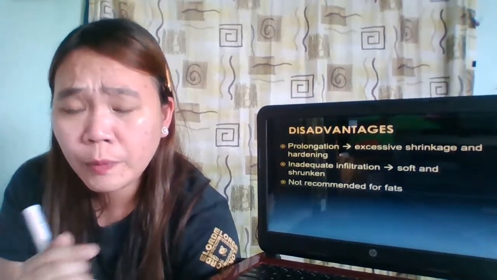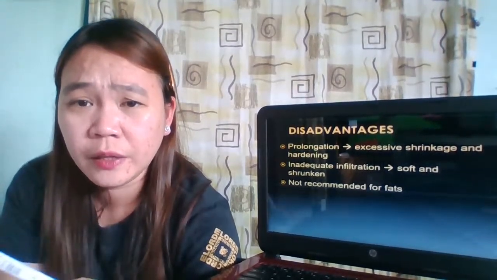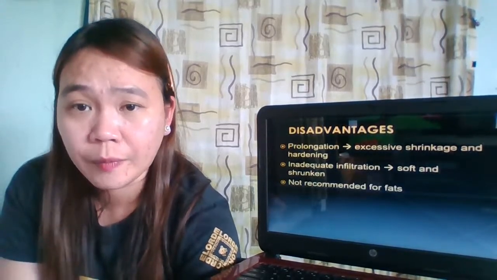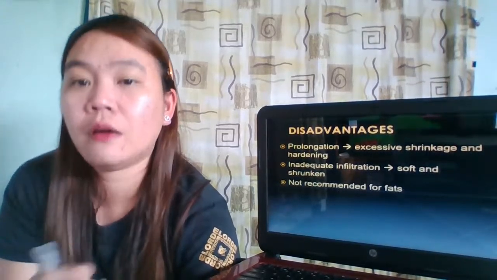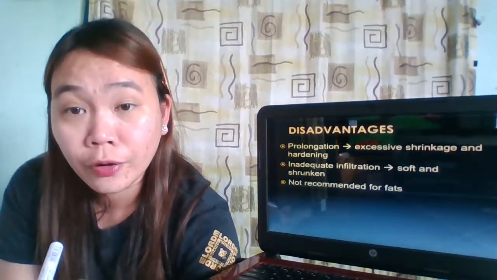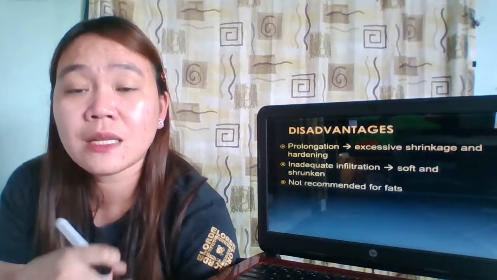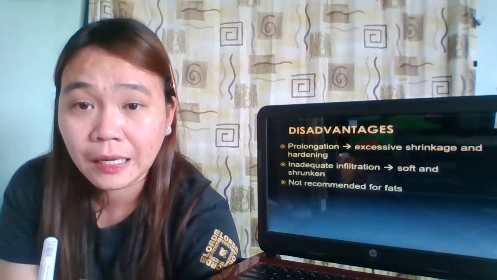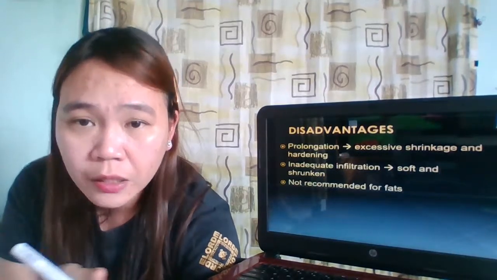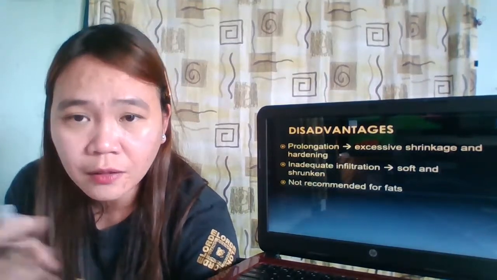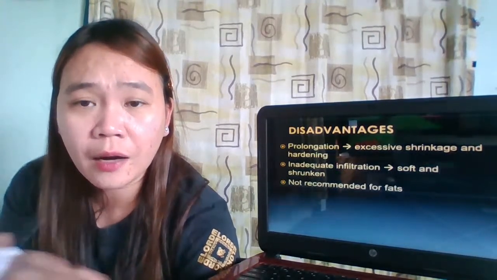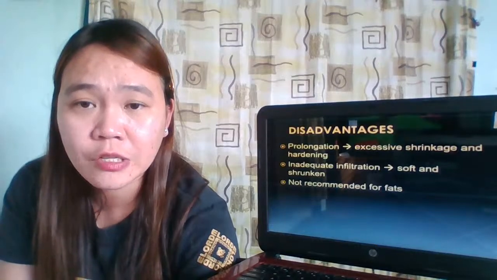Remember, when we talk about paraffin impregnation, what is the fixative that is commonly used? We have formalin, formaldehyde, 10%. What is the dehydrating agent that we use? We have alcohol, ethanol. What is the clearing agent that we use? It's xylene. All of these reagents are used because later on we perform paraffin impregnation. They are compatible to paraffin impregnation.